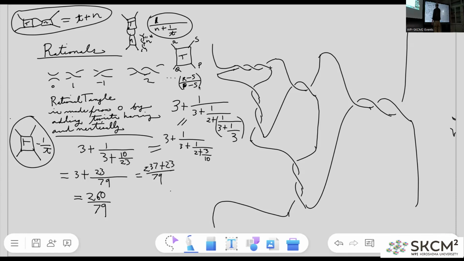And that will turn out to be the fraction of the tangle. We did this with a small example, and maybe it's a little daunting to try doing it with a large example right now because we'd have to do a lot of arithmetic, right?